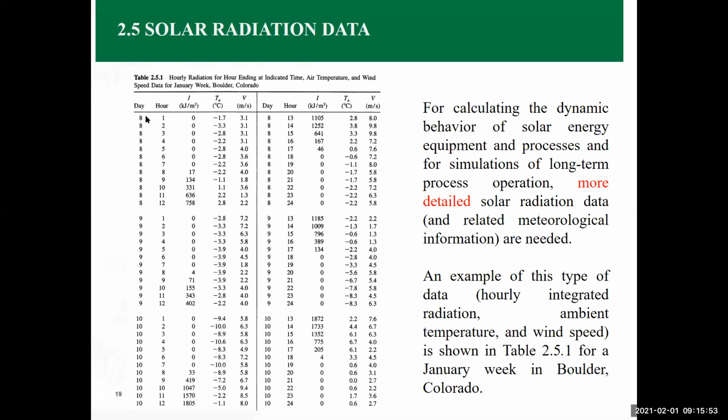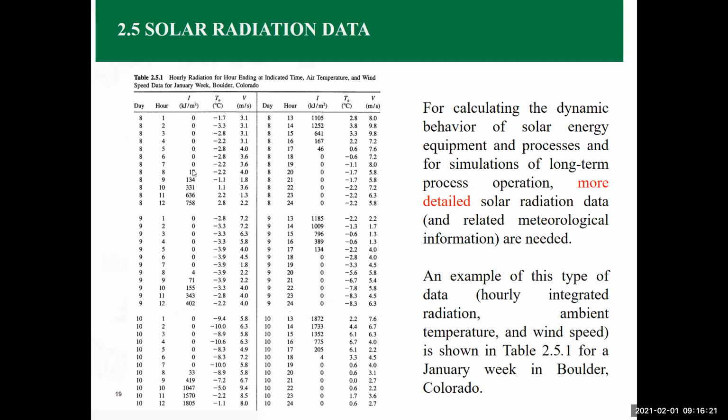Here we have the 8th day of the year, and the hours from 1 a.m. after midnight extended to 12 noon, and then from 1 o'clock in the afternoon up to 24 hours. So the upper portion is taken for a whole day, and it is integrated. How integrated? Let's take hour 8, which is 8 o'clock in the morning.